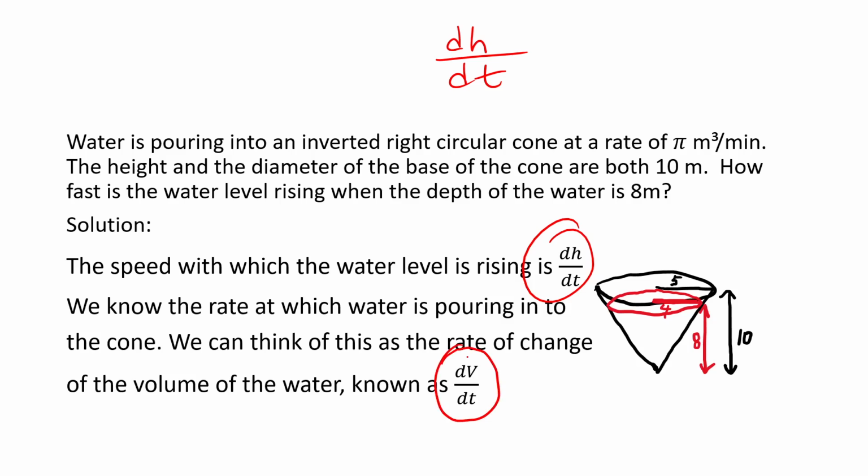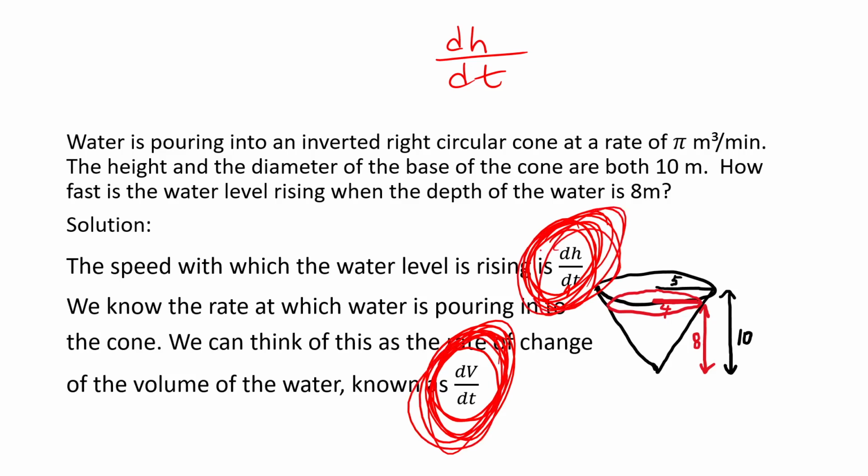So the volume is increasing, meaning dV over dt is a positive number. But we would like to know what dh over dt is. So what we're going to have to do is get a formula for volume in terms of height, then differentiate both sides, and we'll have a formula for dV over dt in terms of dh over dt.